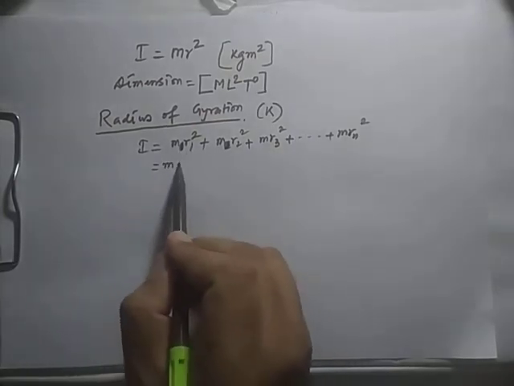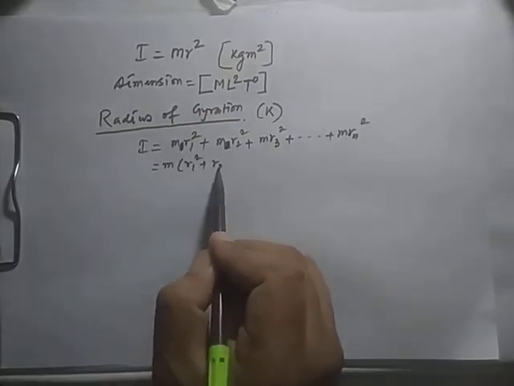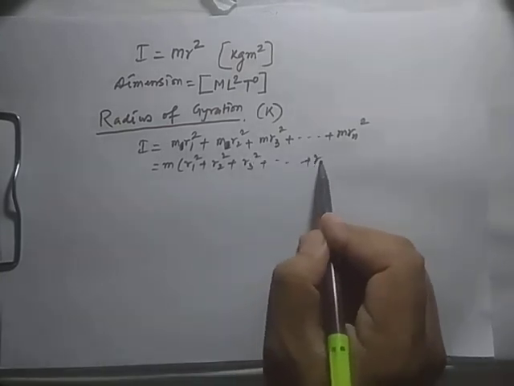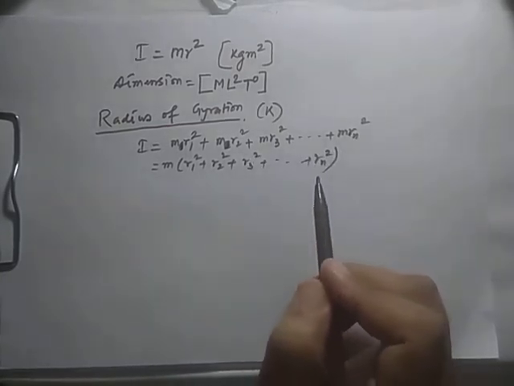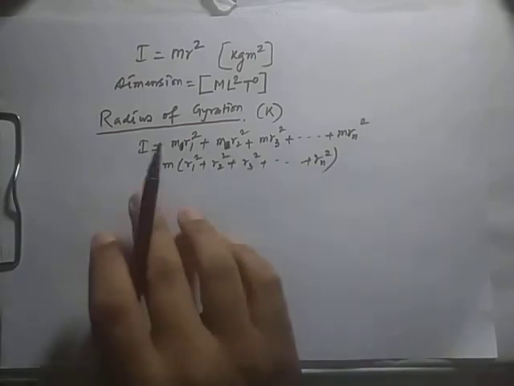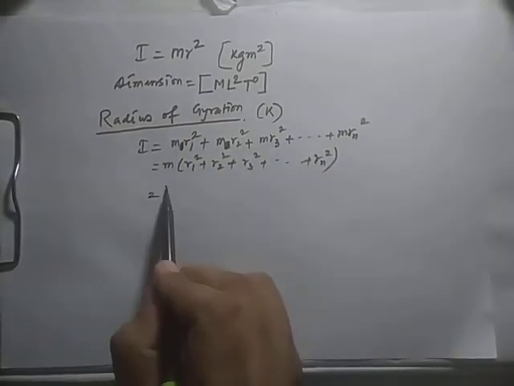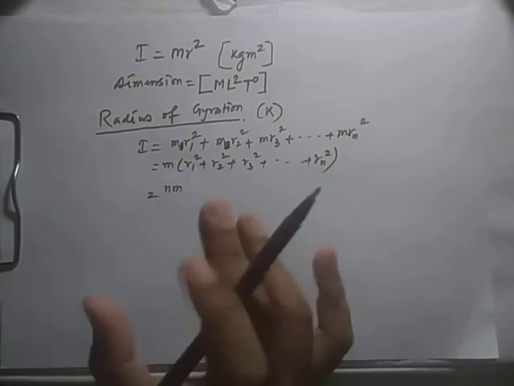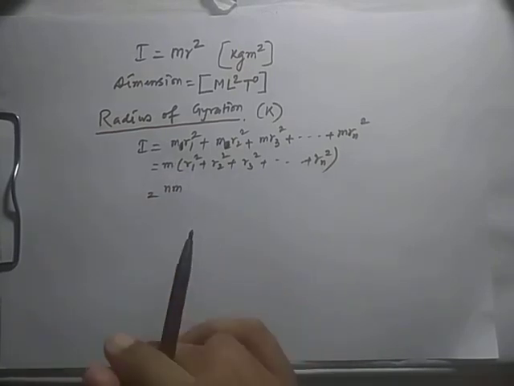I take m common: m times r1 square plus r2 square plus r3 square plus up to rn square. If I multiply and divide by n, where n is the number of particles, n number of particles are there.